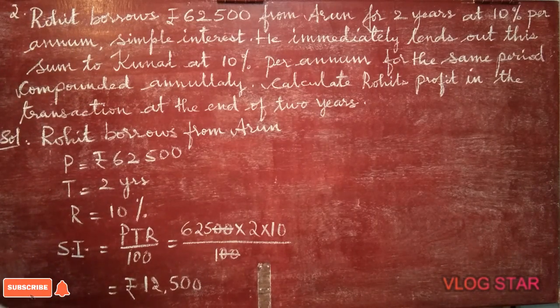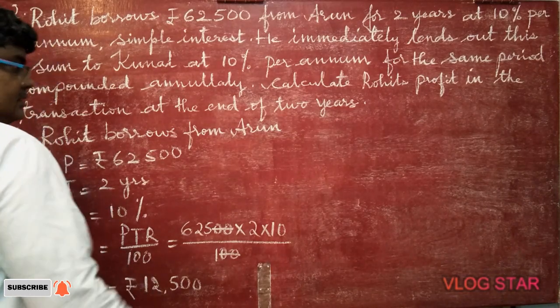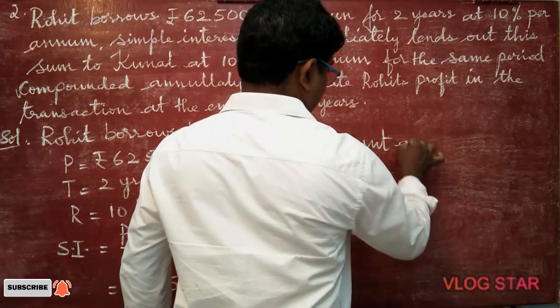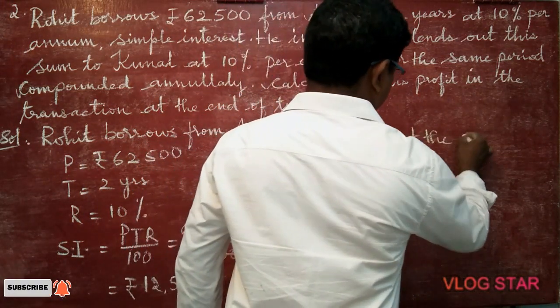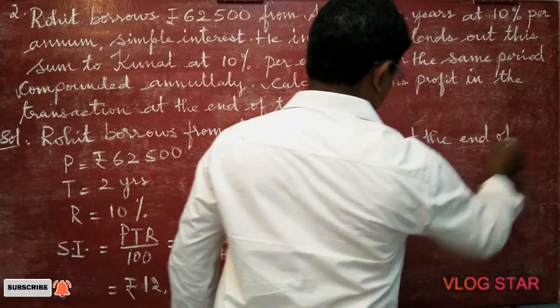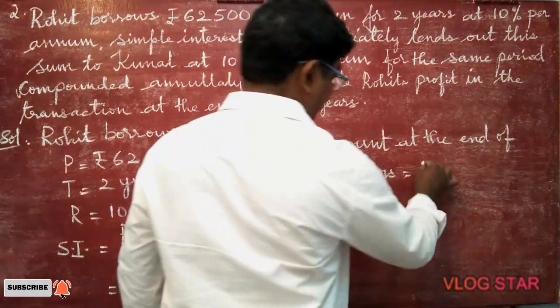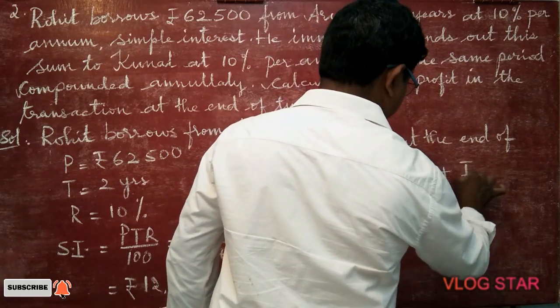Now how much amount should he pay at the end of 2 years? Amount at the end of 2 years is equal to principal plus interest.